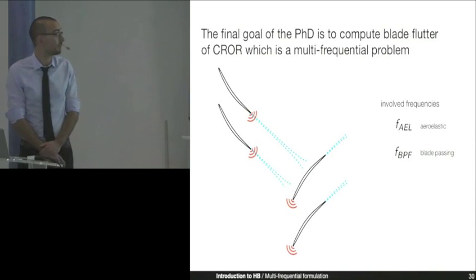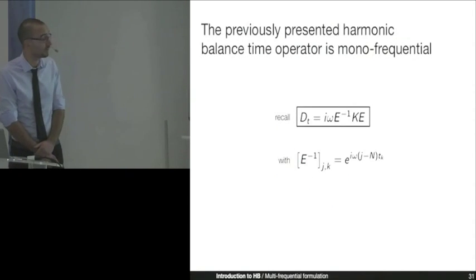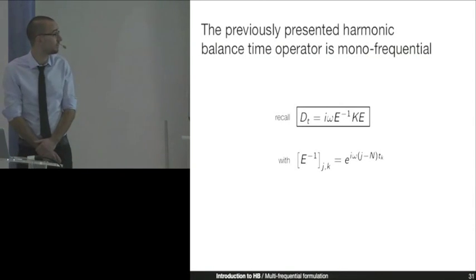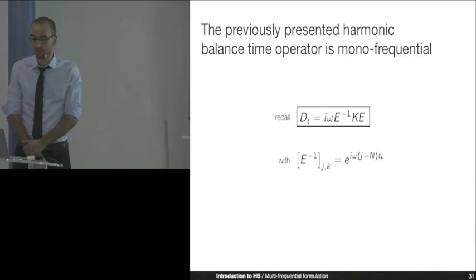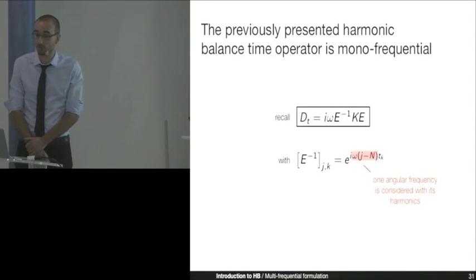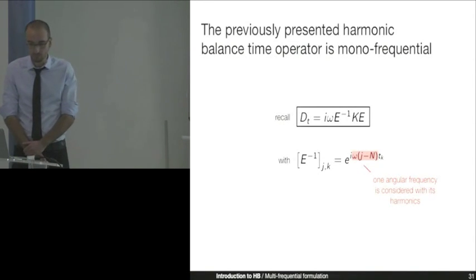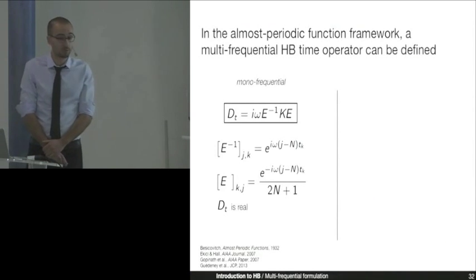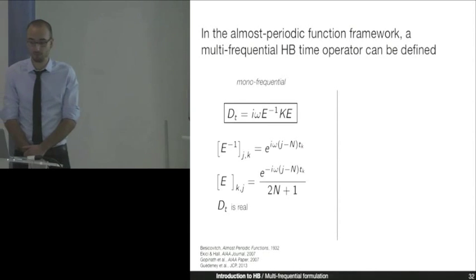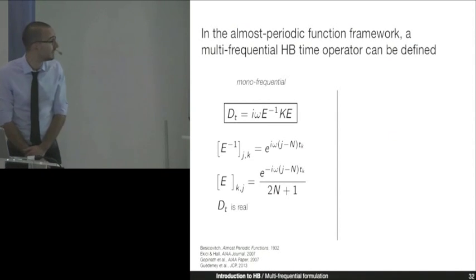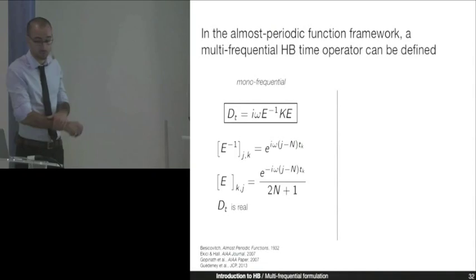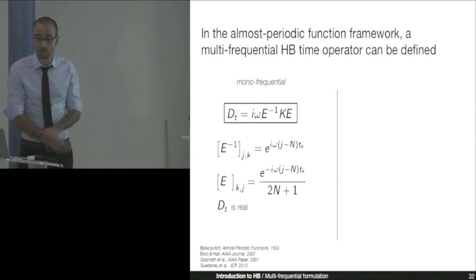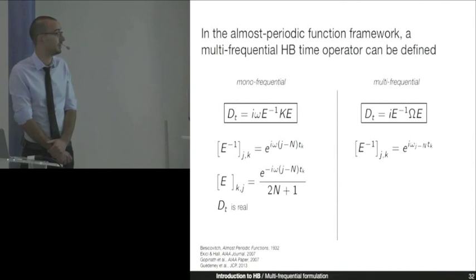The problem is that the previously presented harmonic balance time operator is mono-frequential. In fact, if you look at the inverse Fourier matrix expressed here, you can see that only one angular frequency is considered with its harmonics. But in the almost periodic function framework, a multi-frequential harmonic balance time operator can be defined. Instead of the equations written on the left side of the slide, you can see that the multi-frequential harmonic balance is really close.